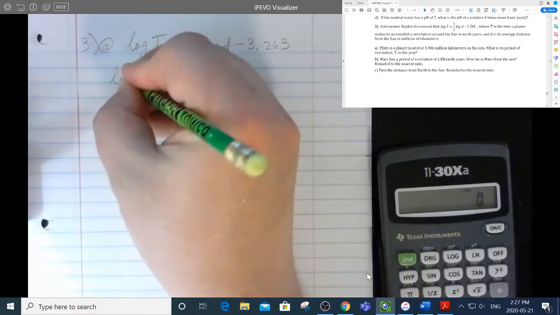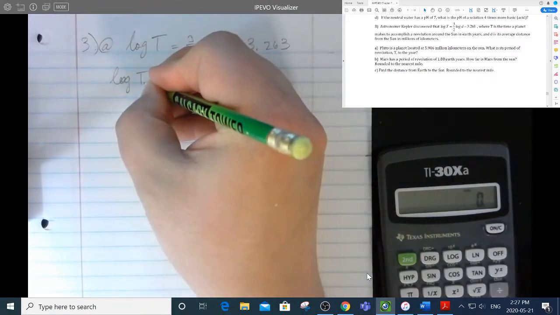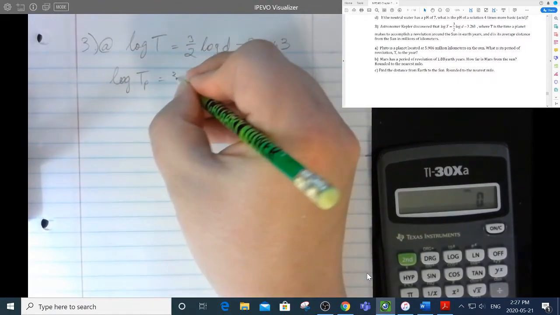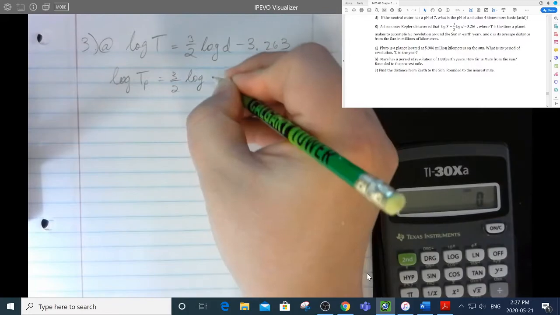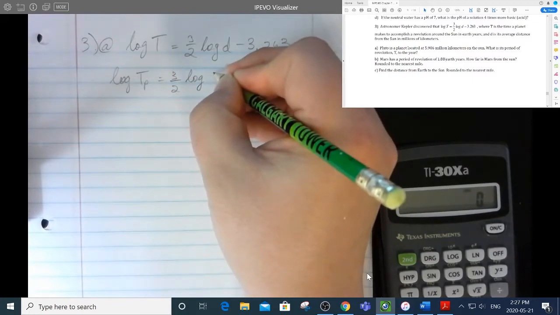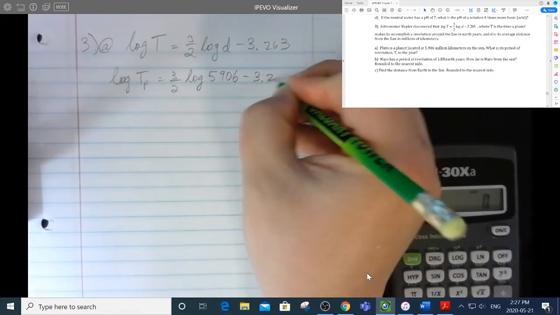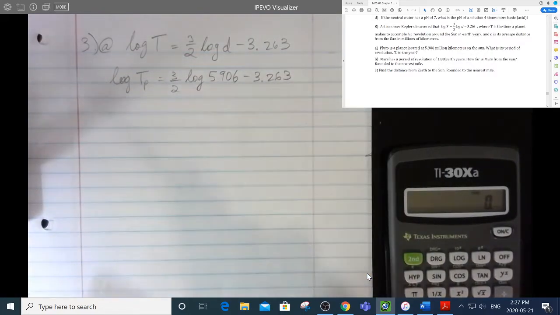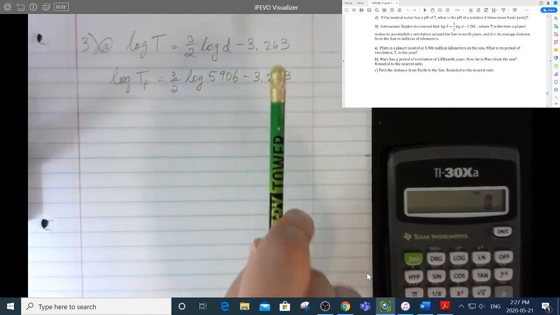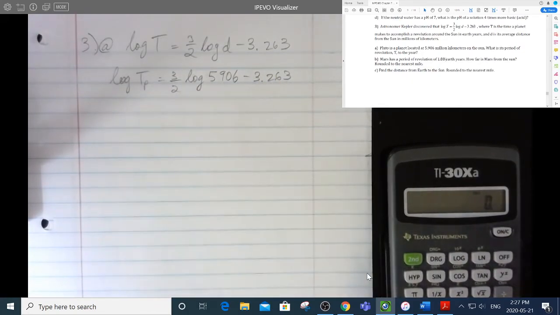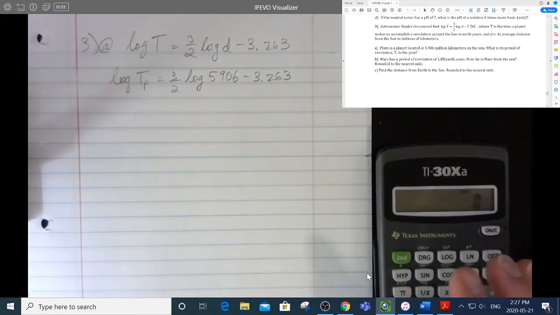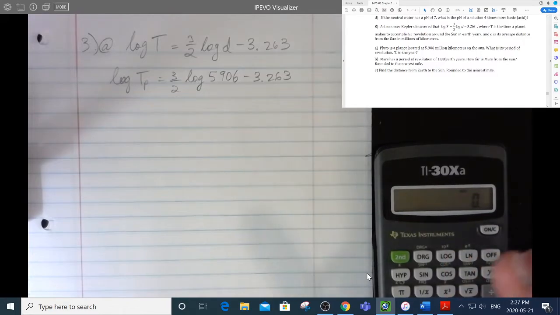So the log of t for Pluto is 3/2 times the log of the distance, which is again 5,906, minus 3.263. And again, I have people who go, oh, I can just anti-log both sides. No, you can't, because that constant is there. So you have to actually work this out. You actually have to take your calculator and punch buttons.